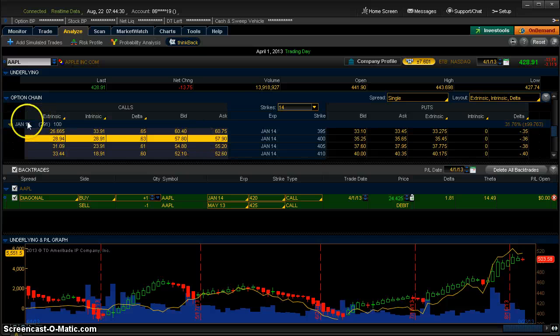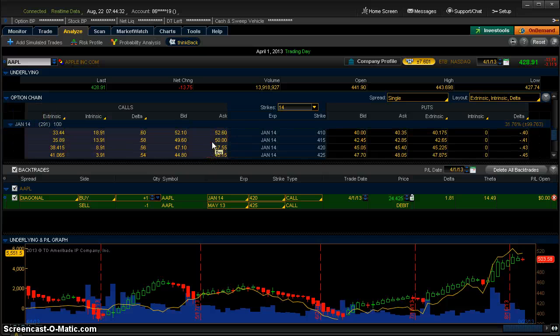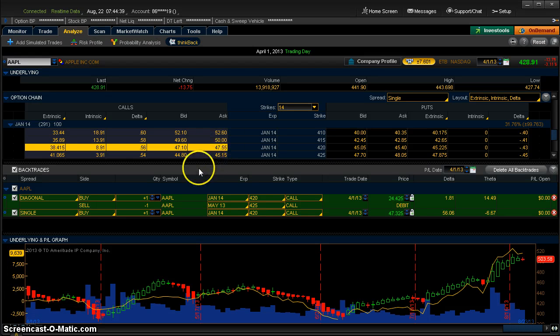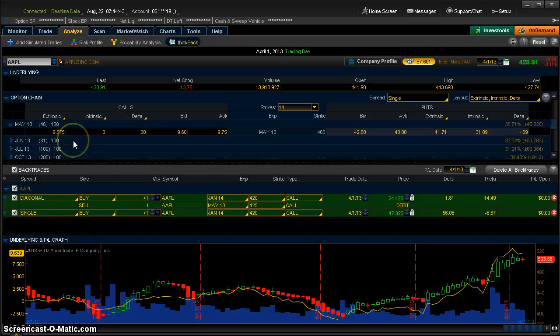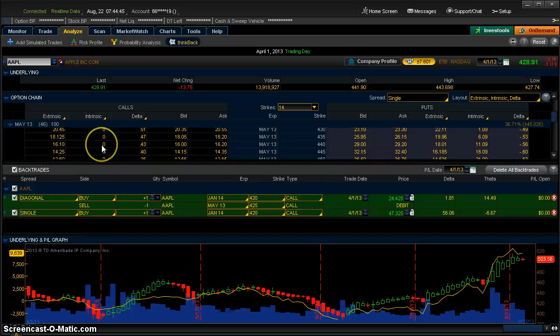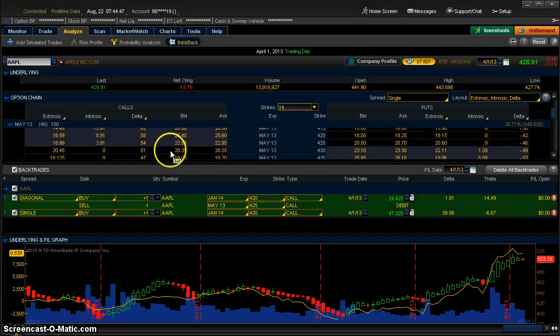Since the Jan 14 is right here, let's do the 420s right there. That's the one we're going to buy. Okay, so I'll buy that. Just disregard the graph for a second. And let's go back up to the May 13s. And we shorted the 425s, so let's sell that one right there.